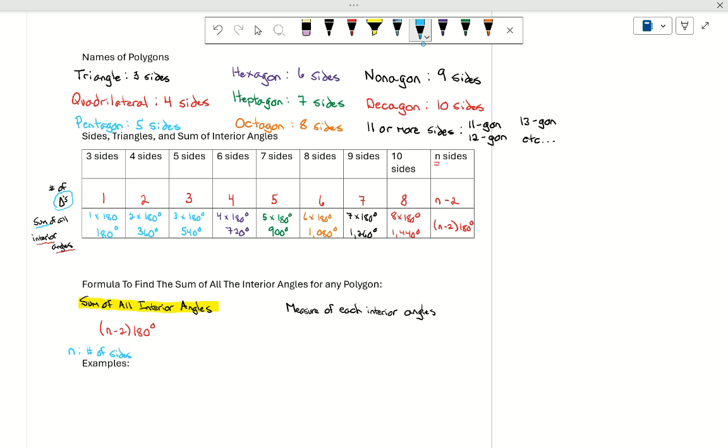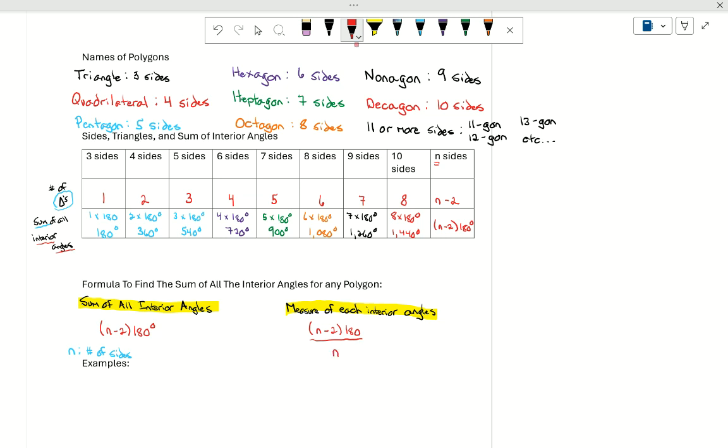that with 180 degrees. Okay, now, if you want to find the measure of each interior angle, so this means if I want to find just one of the interior angles, this is what I do. I use the same formula, n minus 2 in parentheses times 180, but I divide it by n.